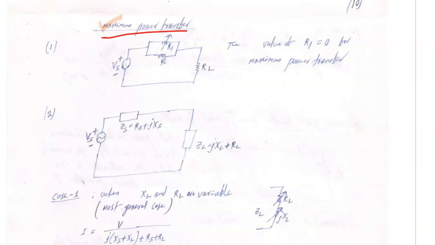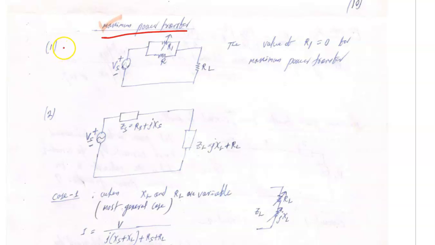As you know, GATE questions are not standalone, they club 2-3 concepts in a given question. Like first you need to apply Thevenin's theorem to find this, then obviously you apply maximum power transfer. So we will discuss one by one.